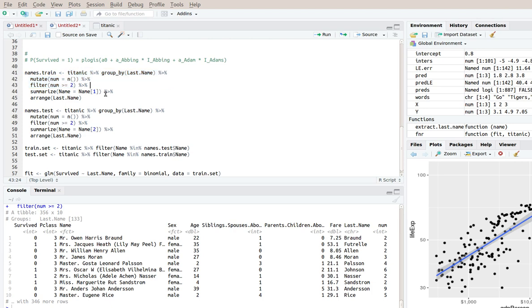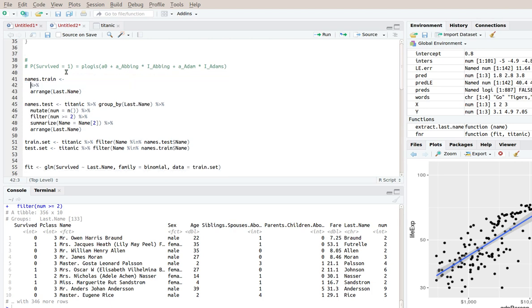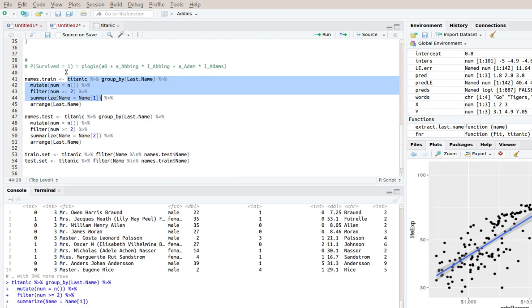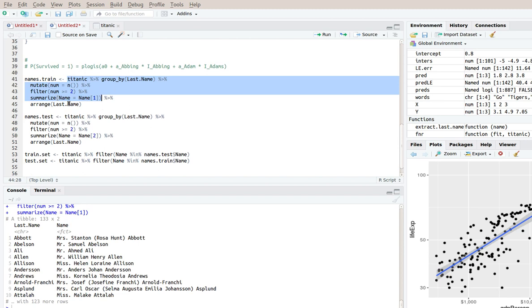So that's how that's going to go. Out of all the people with the same name, they're still grouped by last name, so I just picked the ones whose name is equal to the first name in that group. I'll just pick the first person with that last name who appears in the data frame. I don't have to, but I'll arrange by the last name so it looks like this.